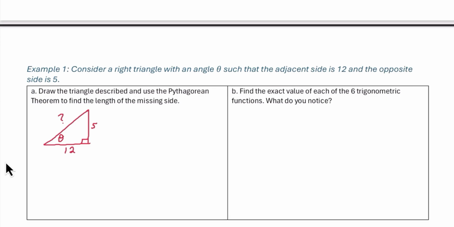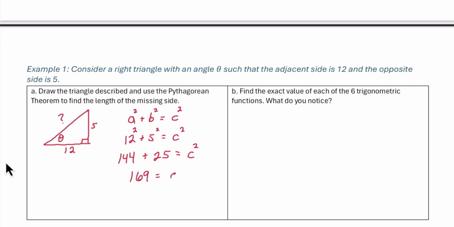Recall the Pythagorean theorem. A squared plus b squared is equal to c squared, where c is the hypotenuse. We have 12 squared plus 5 squared equals c squared. 12 times 12 is 144. 5 squared is 25. 144 plus 25 is 169.